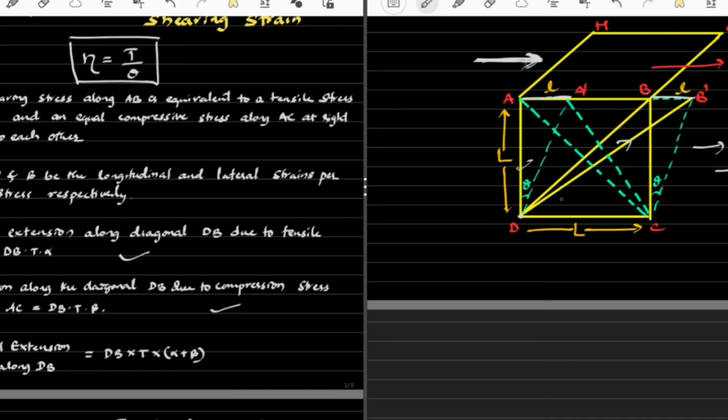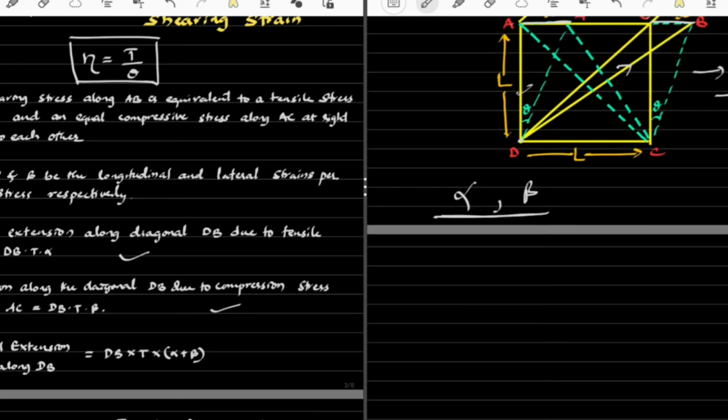And now here we will take for the extension alpha, and for a compression we will take beta. So we will see now the extension and compression along the dB here. So now the extension along the dB, the equation becomes dB into tensile stress applied to that dB, and the extension that will take place, that is alpha.